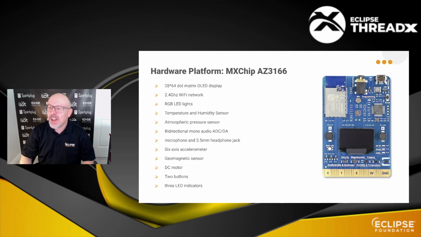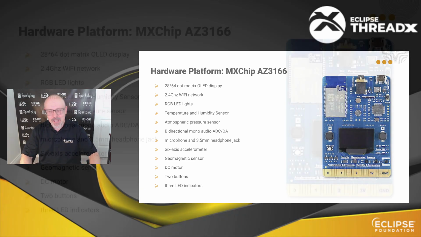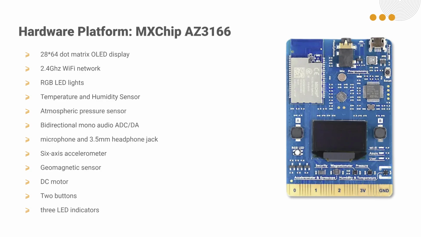First, to participate, you need hardware. So I brought with me a number of nifty boards like this one. Those boards come with a built-in OLED display, 2.4 gigahertz Wi-Fi network, LED lights, temperature and humidity sensors, a motor, audio support.